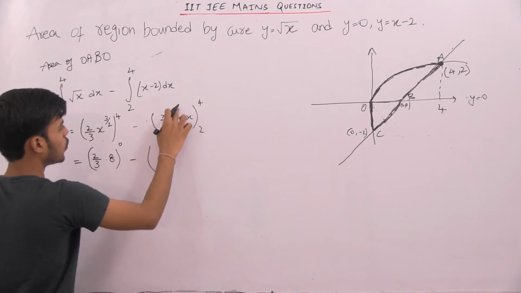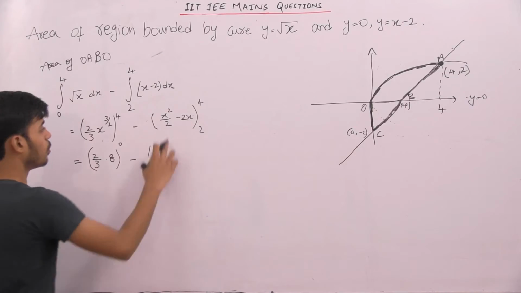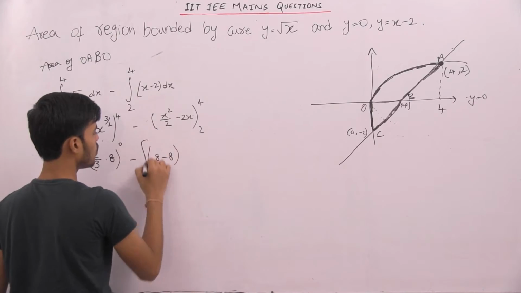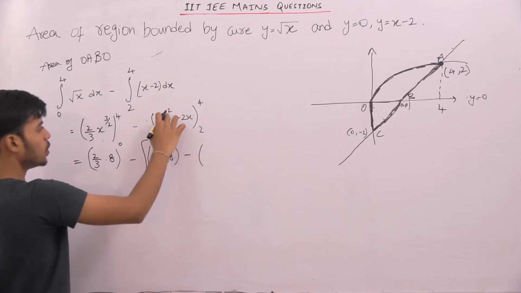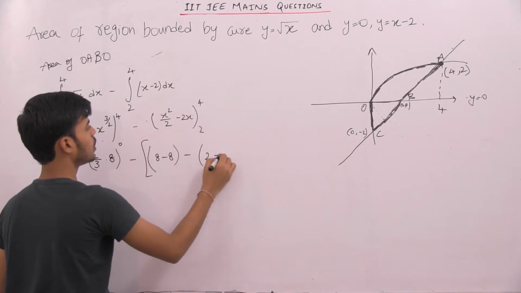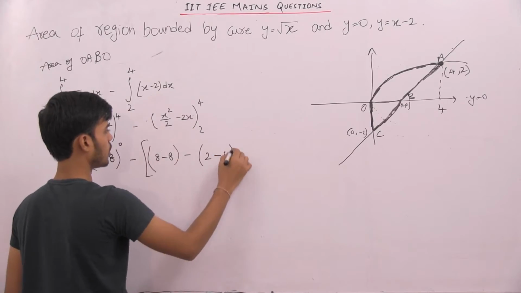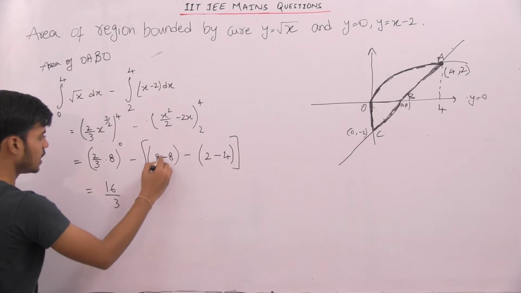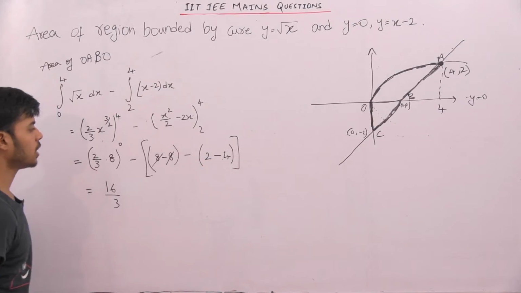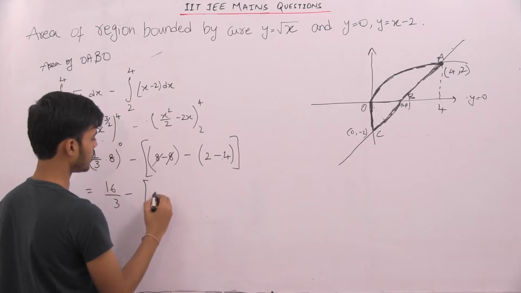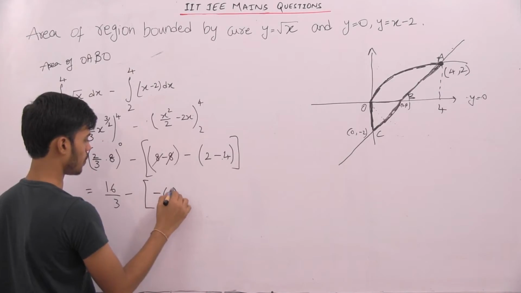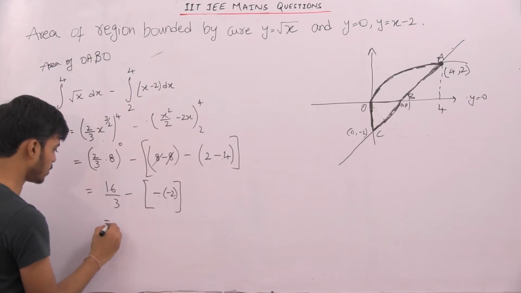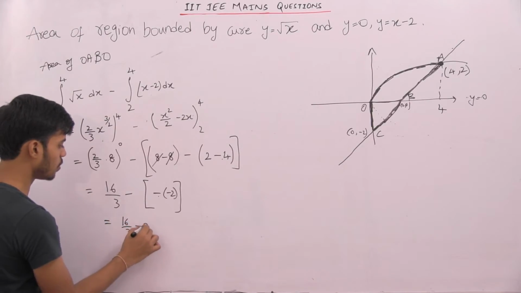Minus, 4 square is 16 by 2, 8, minus 8, which is 0, minus, when we put 2, square 4 by 2 is 2, minus 2 twos are 4. Okay, you will be confused. Let's write 2 minus 4 is minus 2. So minus into minus is plus 2, giving 16 by 3 minus 2.